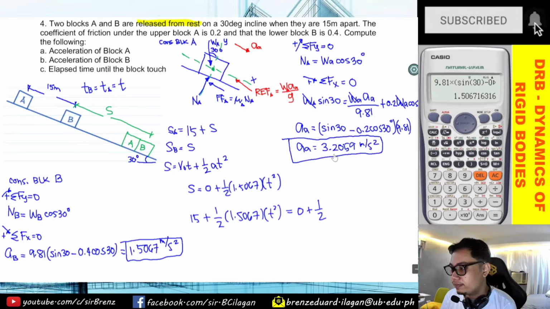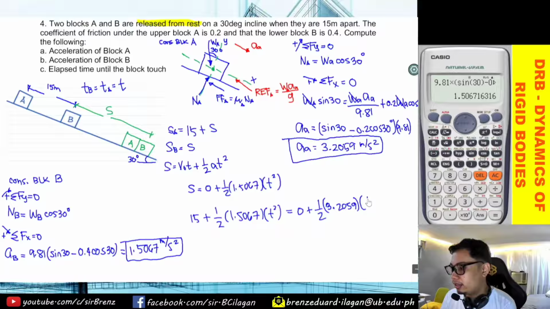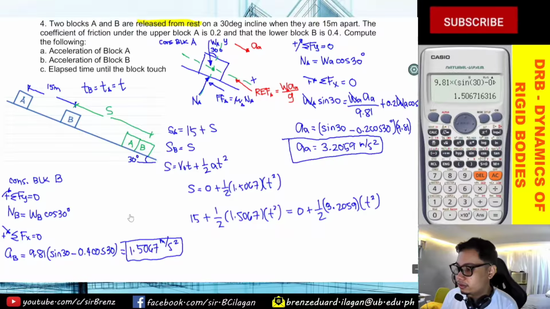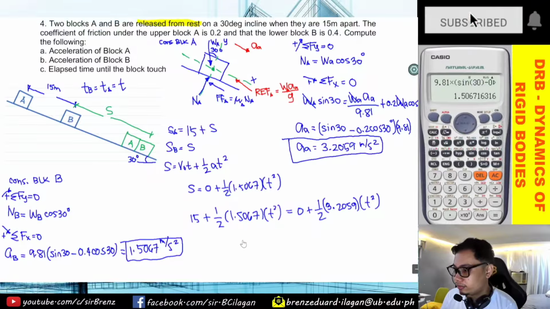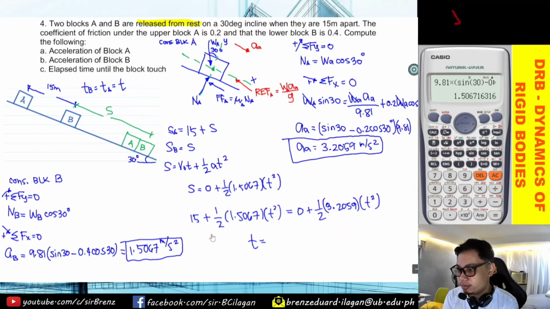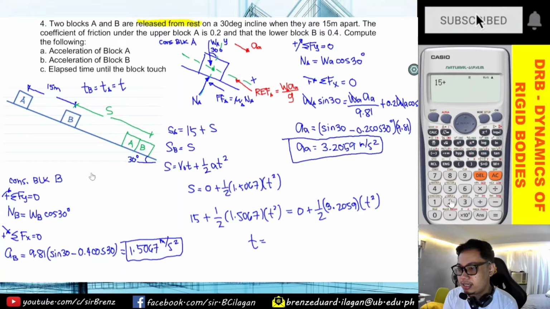For block A, that is 3.2059 times T squared. From this equation, let's solve for the value of T. You can transpose and combine common terms, but it's better to use shift solve. 15 plus 1/2 times 1.5067 times x squared.